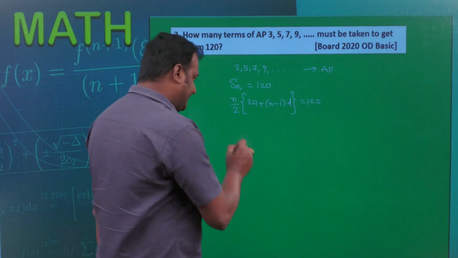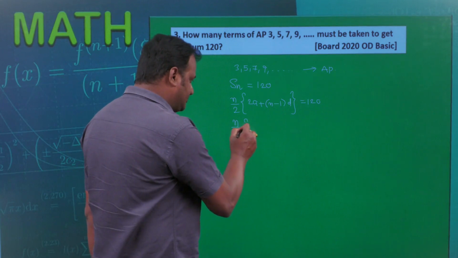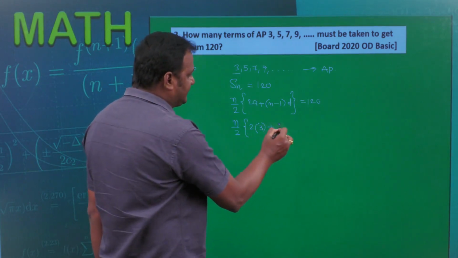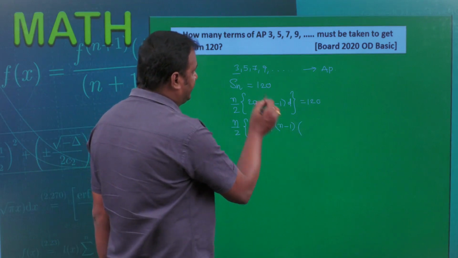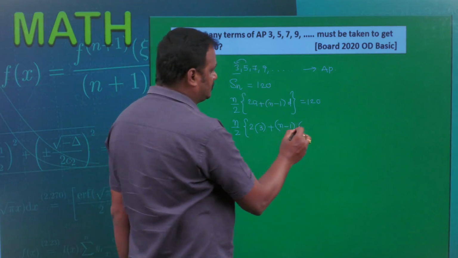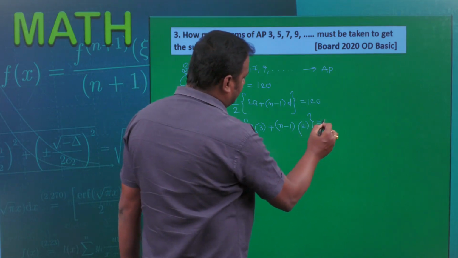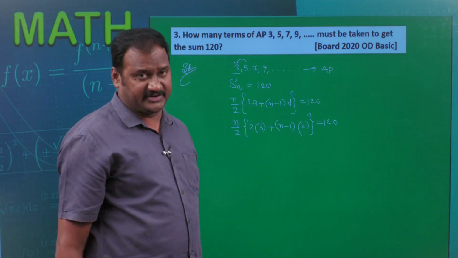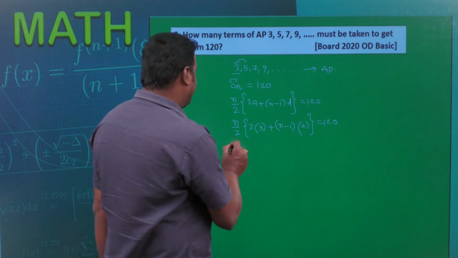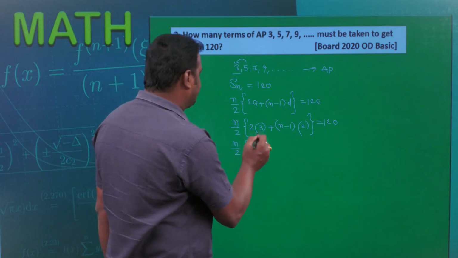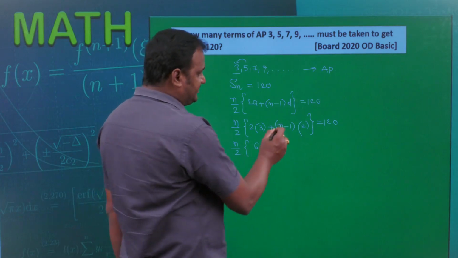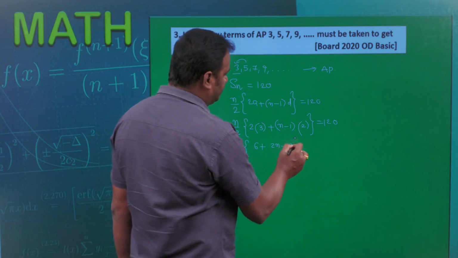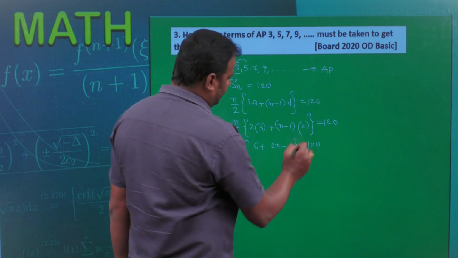That is (n/2) times [2a plus (n minus 1) into d] is equal to 120, where a is the first term, that is 3, plus (n minus 1) into the common difference, that is 5 minus 3 is equal to 2. I think you can expect a quadratic equation in terms of n. That is n divided by 2 times [2 times 3 is 6 plus (n minus 1) into 2, n into 2 is 2n, minus 1 into 2 equal to 2] is equal to 120.